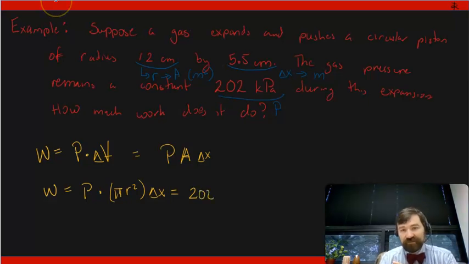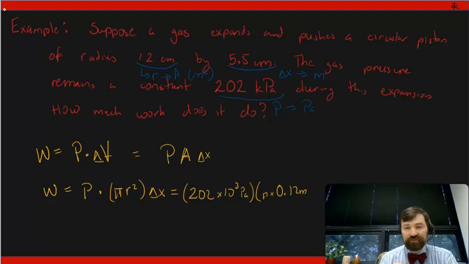I should have noted that this needs to be in pascals, so this is 202 times 10 to the 3 pascals, times pi times 0.12 meters squared, times 0.055 meters.